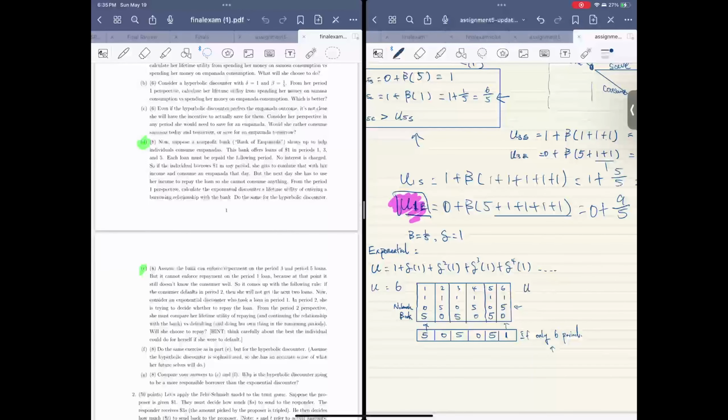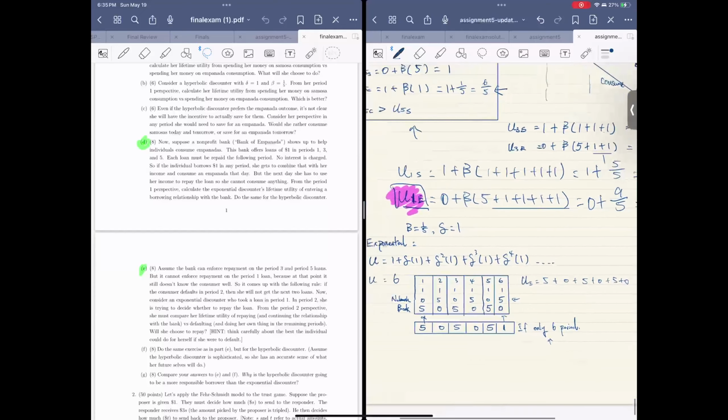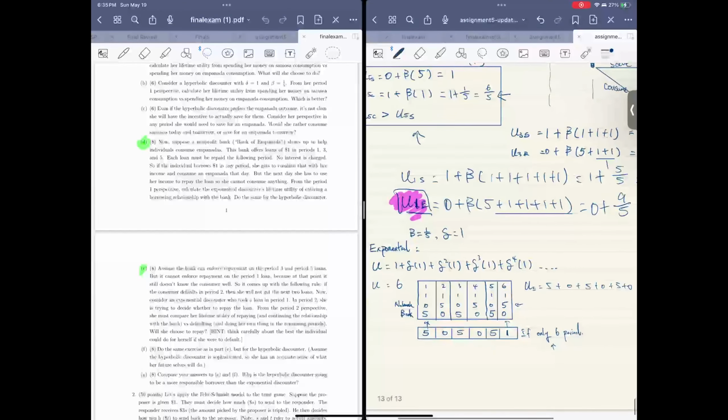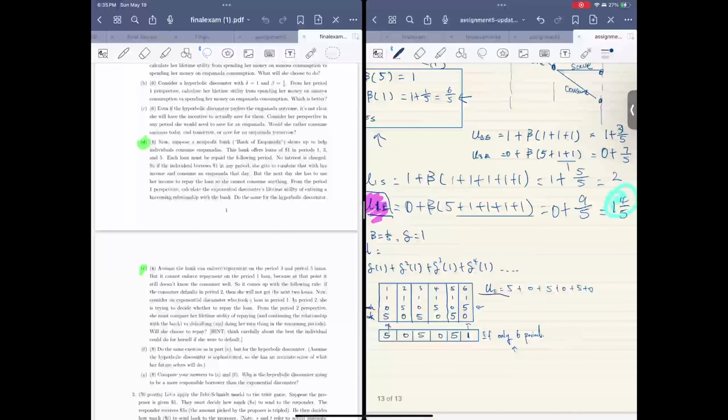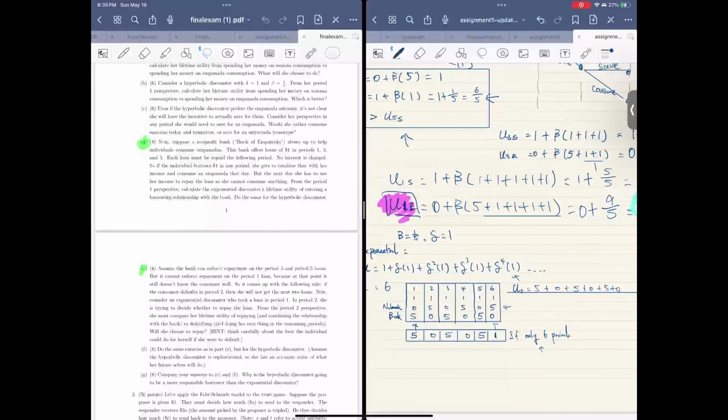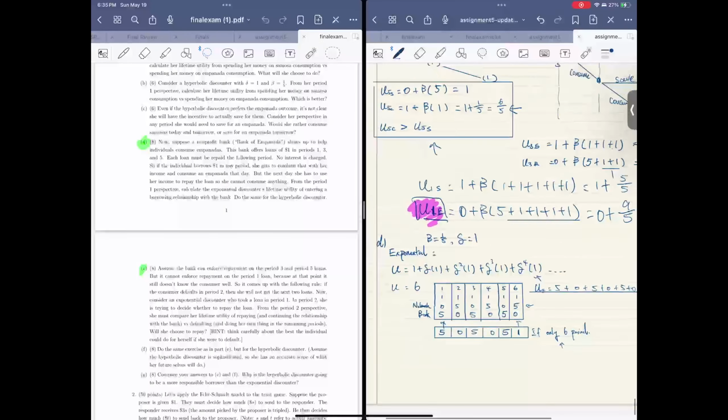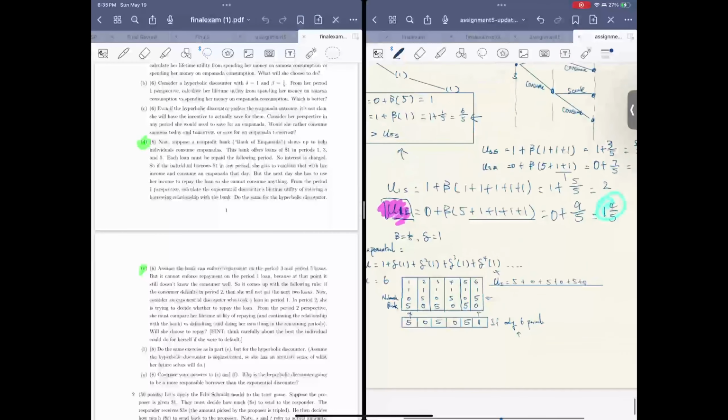So utility for exponential with empanada will look like 5 plus 0 plus 5 plus 0 plus 5 plus 0. Because this one is greater than eating samosa, as an exponential discounter, you will always stick with borrowing money and paying it back.